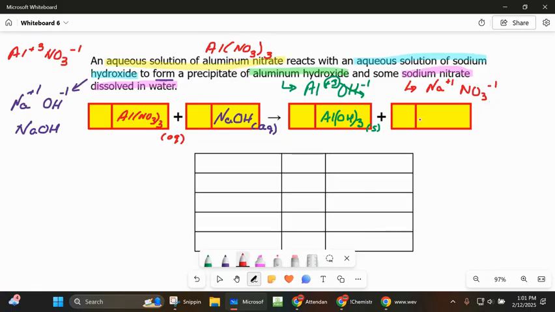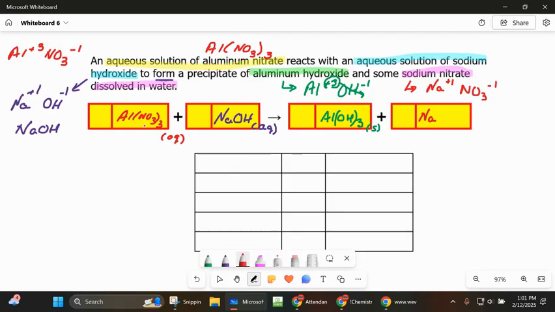So when we're all done, what does it look like? What should I write in this box? Well, am I going to put a number by the NO3? I know, but are you going to put a number by it? Then don't put it in parentheses. Okay? The only time I did not put the OH in parentheses here was because I was not putting a number by it. I put the OH in parentheses here because I was putting a 3 by it.